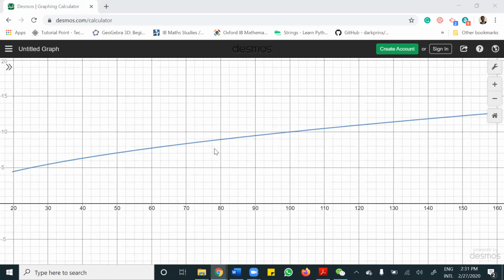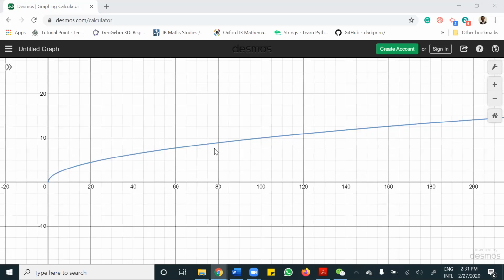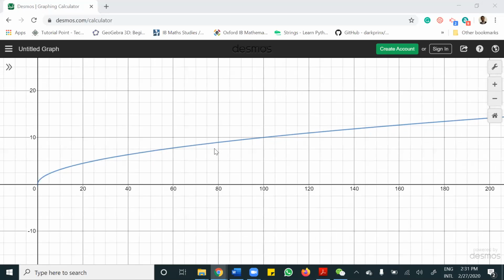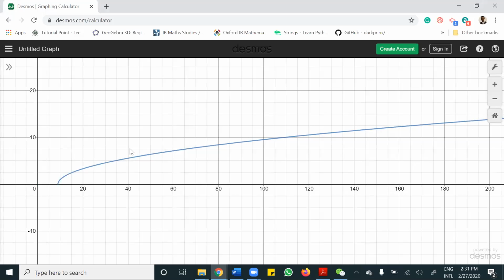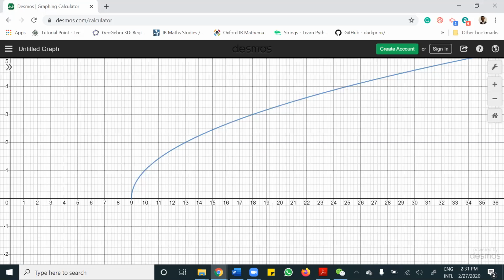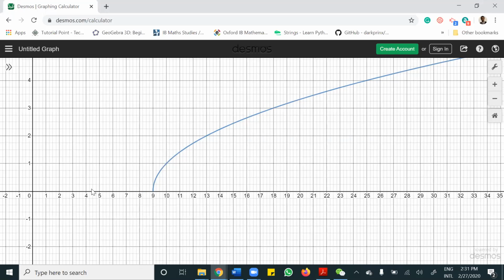All right, so if you look at this, your domain is the x-axis. Wait, that's not the function. The function is square root of x minus 9. All right, can you see? It starts exactly on 9.